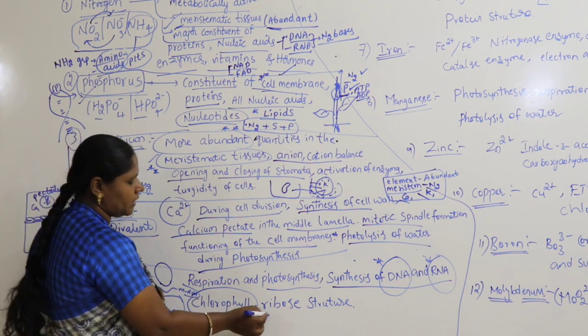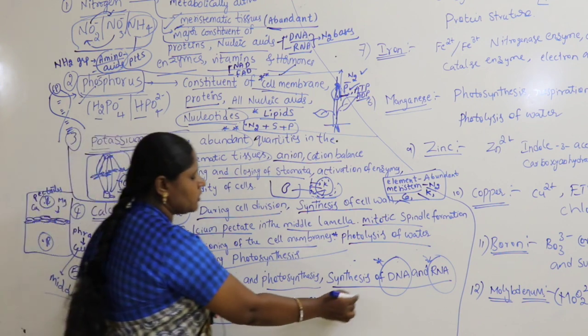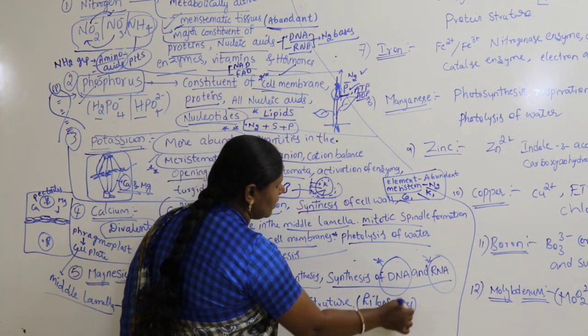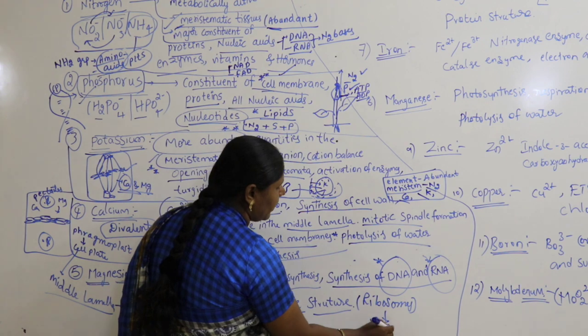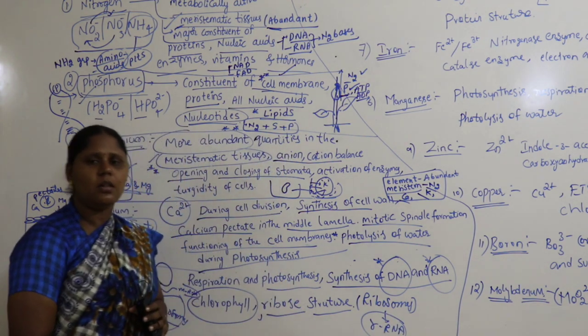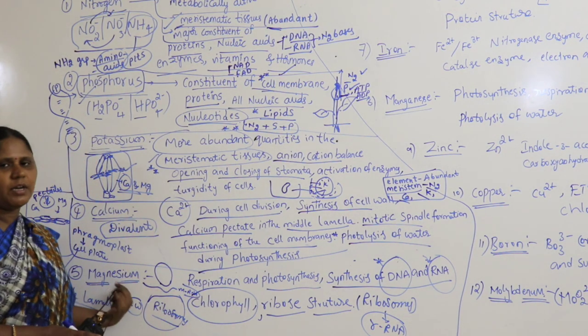And ribostructure, what does ribostructure mean? It means ribosomes. Ribosomes, later you will study rRNA. What is rRNA? Ribosomal RNA. So these are the things you have to remember for magnesium.